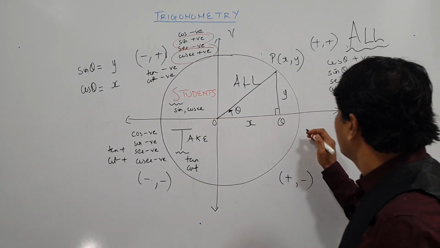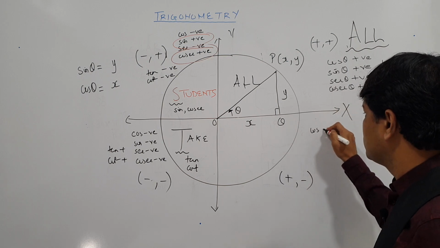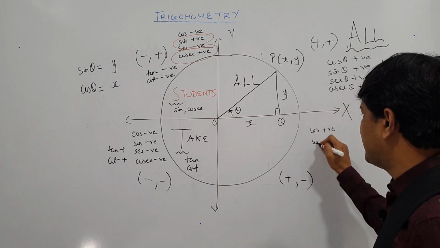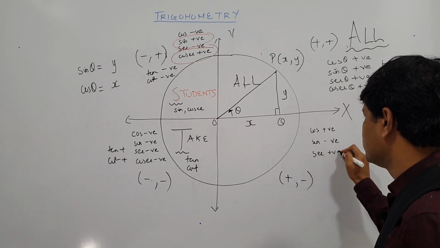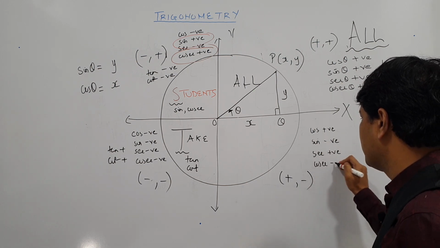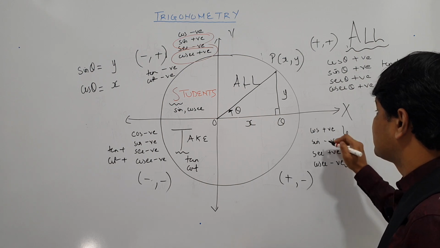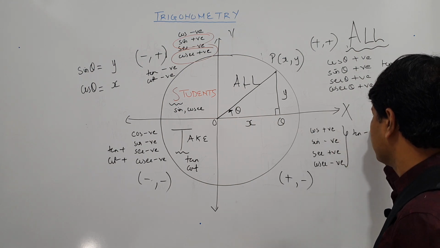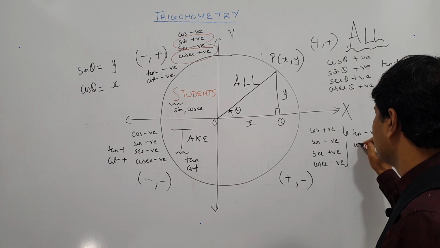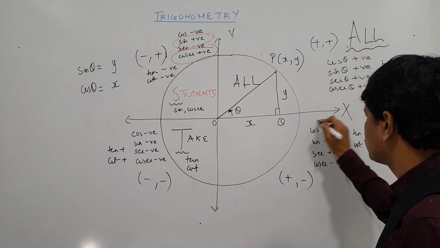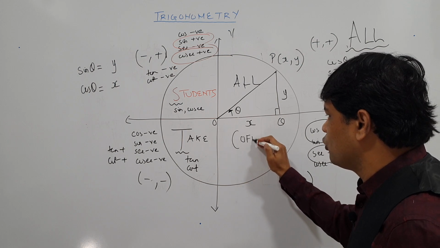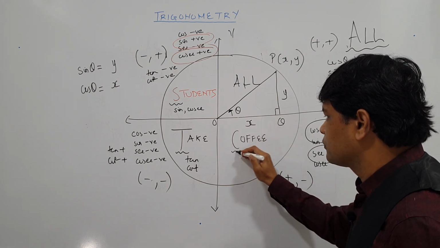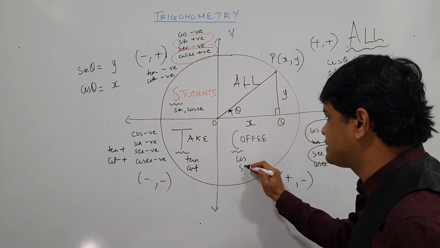In the fourth quadrant, cos positive, sine negative, sec positive, cosec negative, sine upon cos, tan, negative, reciprocal of tan, cot, negative. So there are only two positive. I can remember this as coffee: cos and sec.